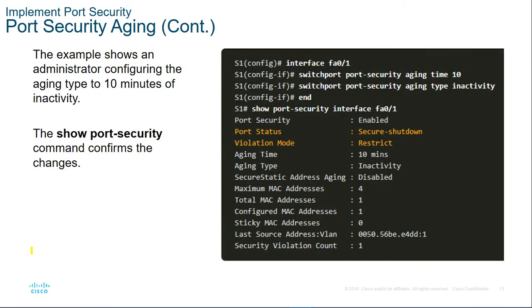In the slide, we are going to configure the switch port security aging time. Only this command was working for us. The second command was not working for us. We are able to set the aging time as 10. Here the administrator configures the aging time of 10 minutes with inactivity type.